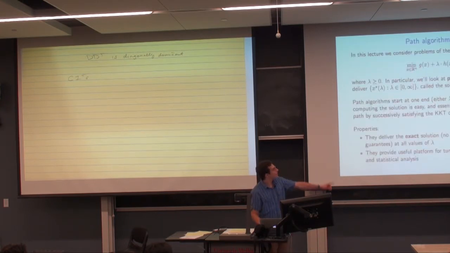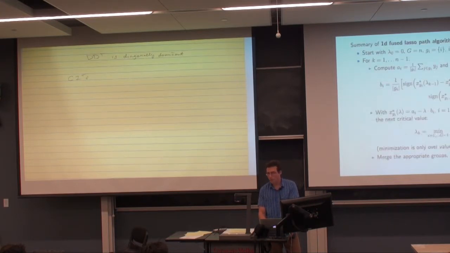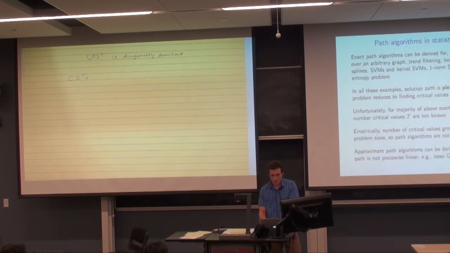You can replace the two-norm squared penalty in SVMs with a one-norm, and you get a very different flavor of SVM. That's called the one-norm SVM. We can also derive a path algorithm for that problem explicitly, and people have looked at path algorithms for relaxed maximum entropy problems as well. So there's a pretty big range of problems for which exact path algorithms exist.